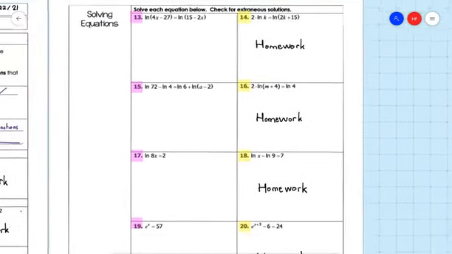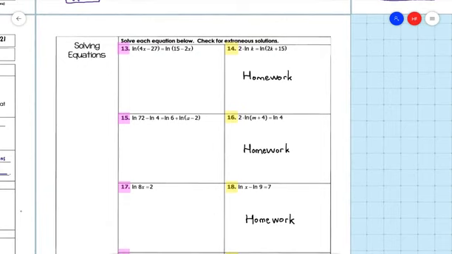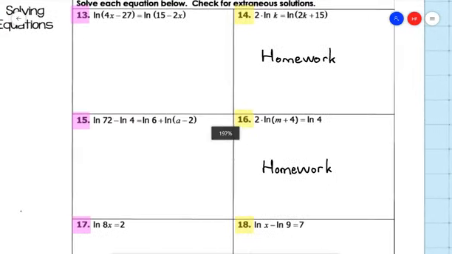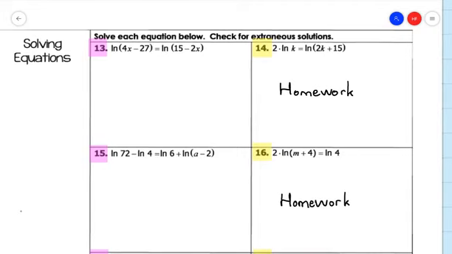Now the next part will be solving these equations. So whenever we're solving equations using natural logs, we know that the base is e. Once I have that the bases are the same and they equal each other, then that means this has to be the same. So I'm going to take 4x minus 27 equal to 15 minus 2x and solve for x.